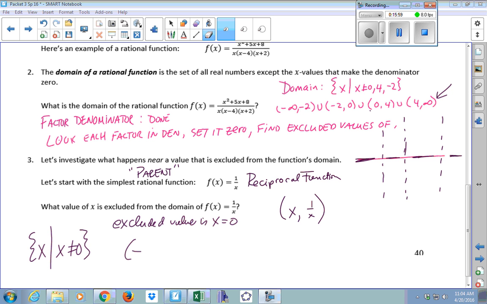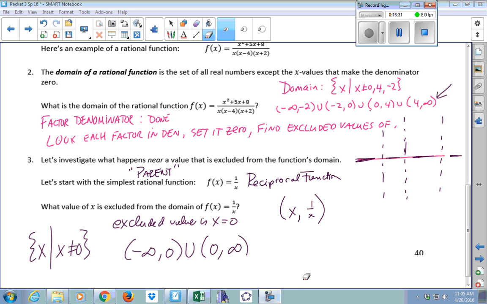In interval notation, I can go from -infinity to 0, but then at 0 I have that dotted line. Remember, this is the y-axis at x equals 0. And then to the right of the y-axis, I'm defined again. So my domain is every single real number except for 0. That's the only one that the function's not defined at. If I try to put a 0 in here, there's no number in the world that defines that division.